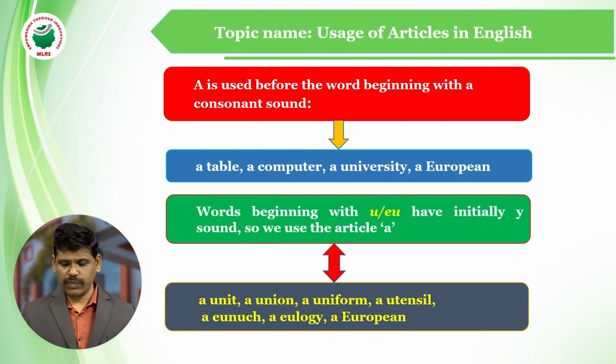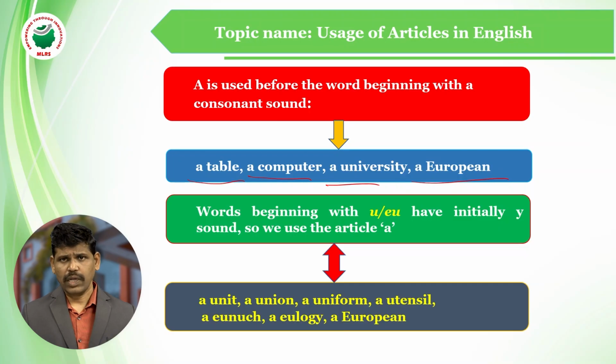Article a or an. Article a is used before a word beginning with a consonant sound. Example: a table, a computer, a university, a European. Here, in table, the initial alphabet is T, so it represents the sound ta.